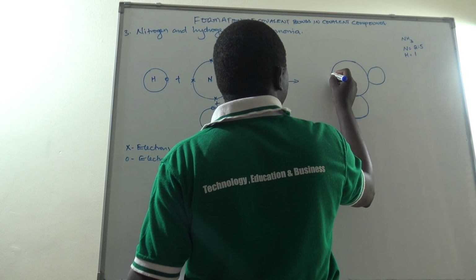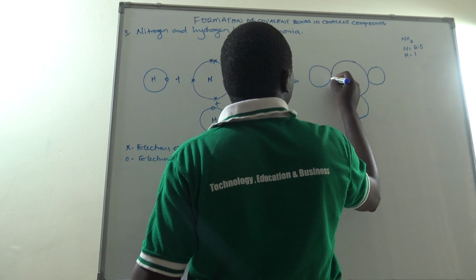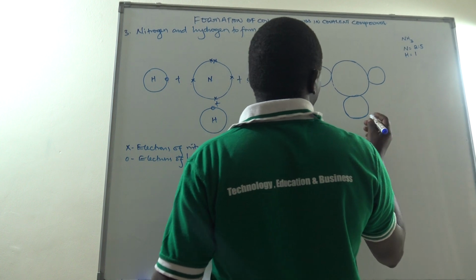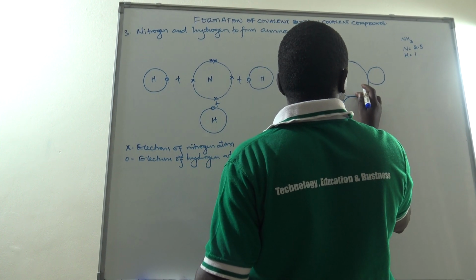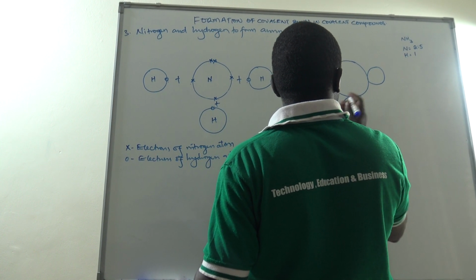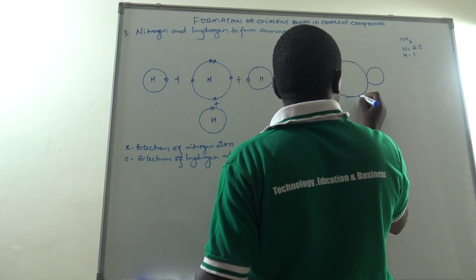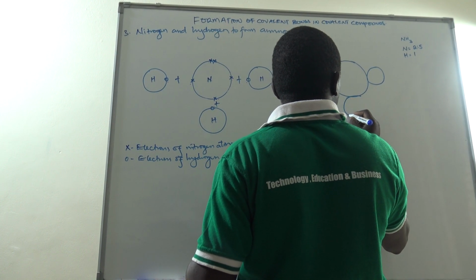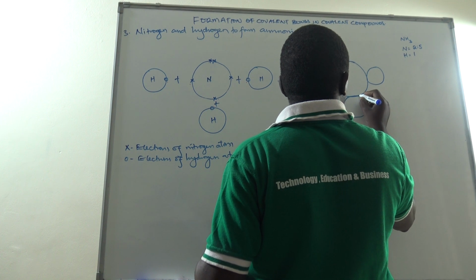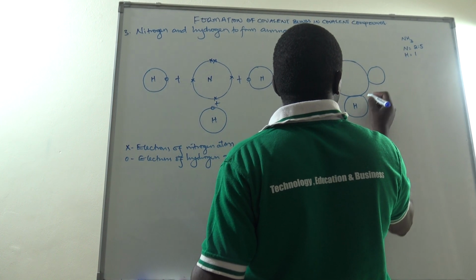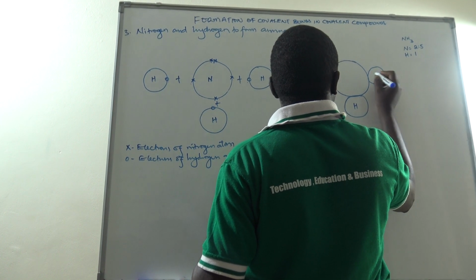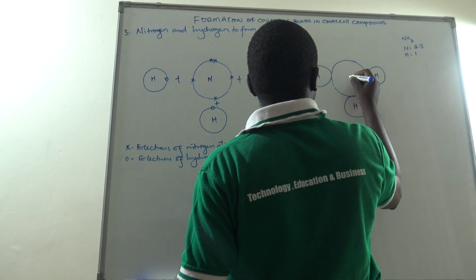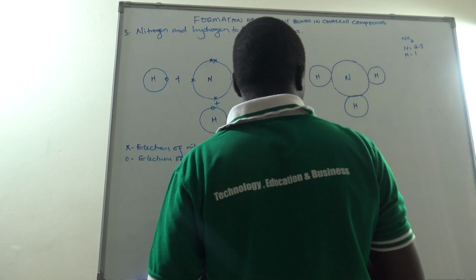And here we also have another one. So this is how it looks like. Hydrogen atom, hydrogen atom, a hydrogen atom, and this is the nitrogen atom.